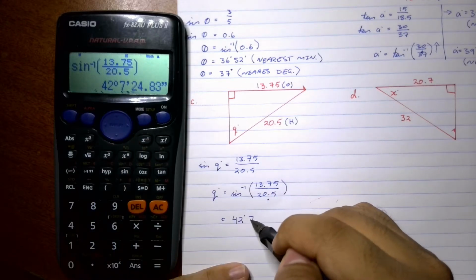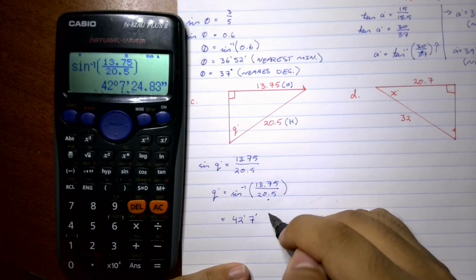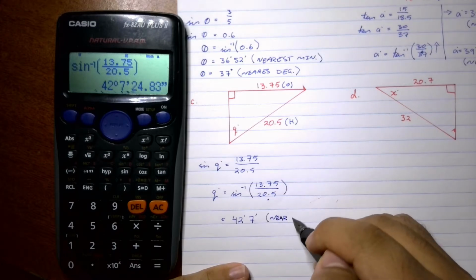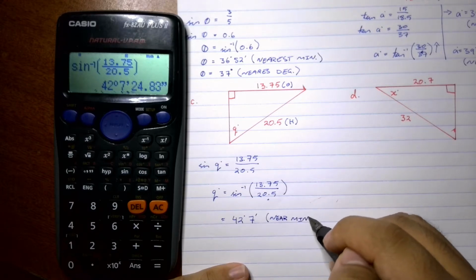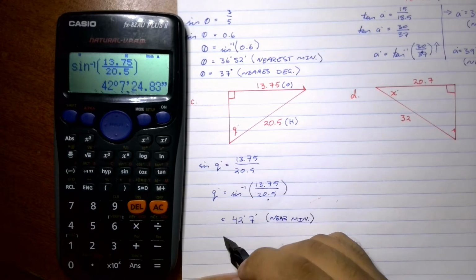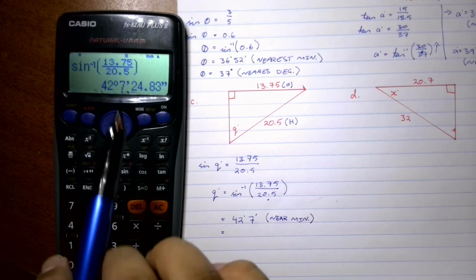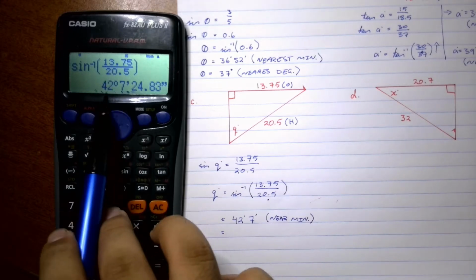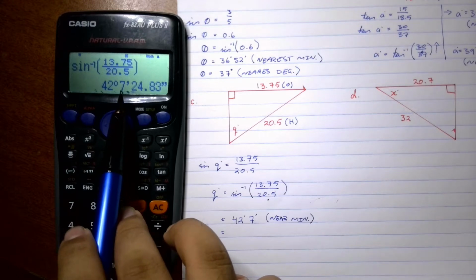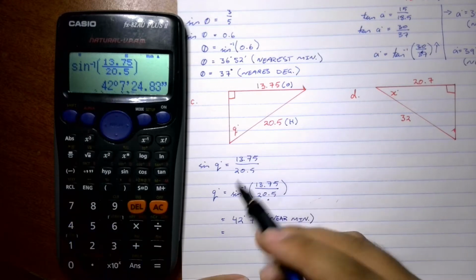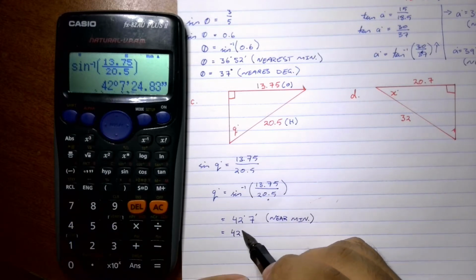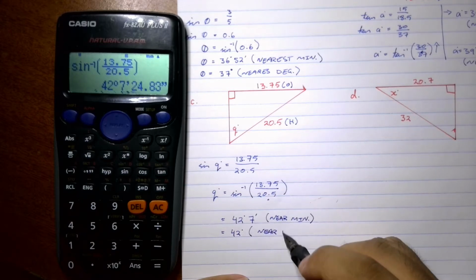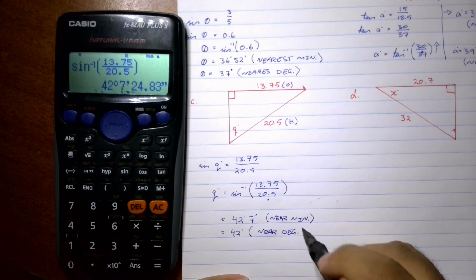We must always indicate that it is to the nearest minute. Let's round it one more time to the nearest degree. Focusing just on the degrees, 7 minutes does not exceed 30, so this remains as 42 degrees, to the nearest degree.